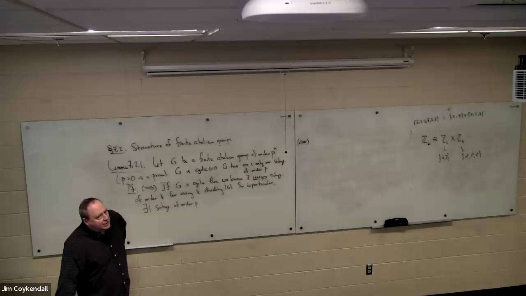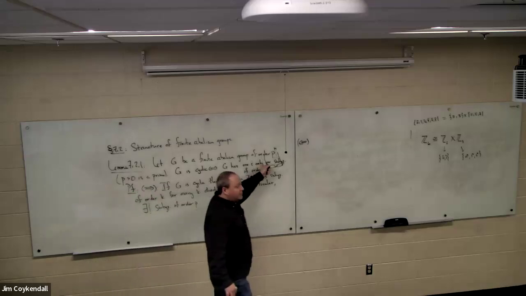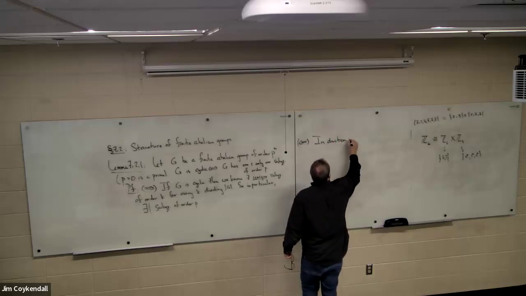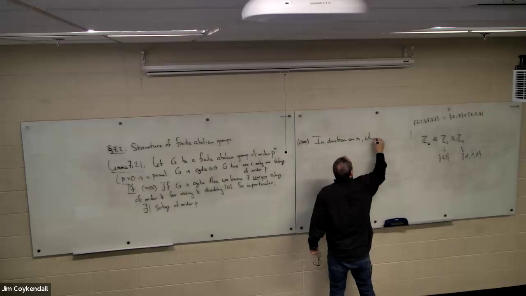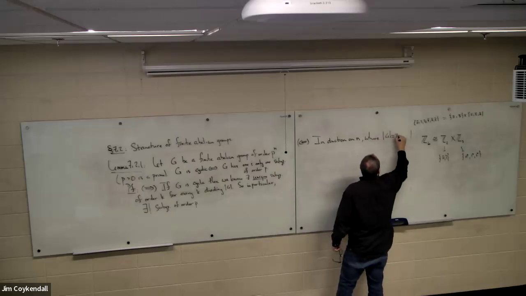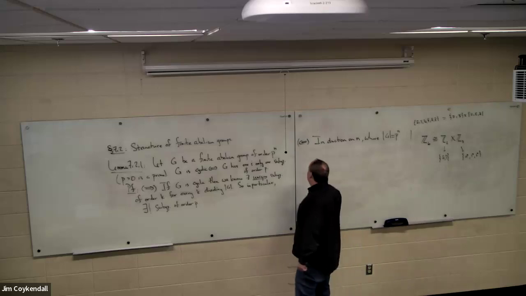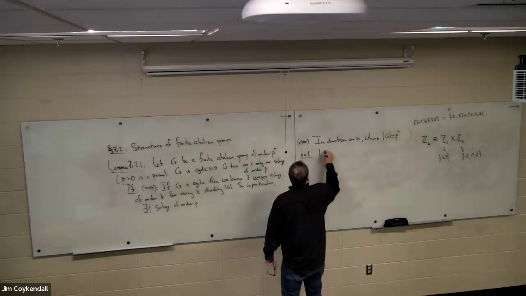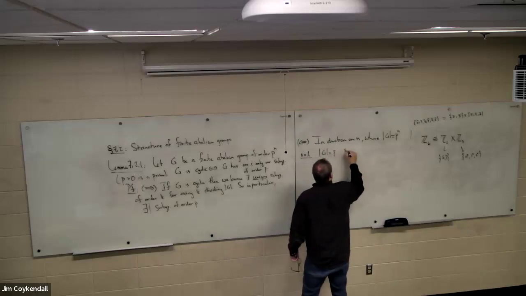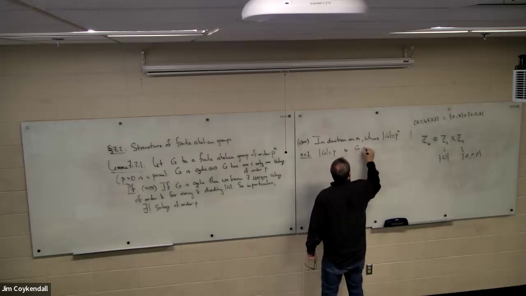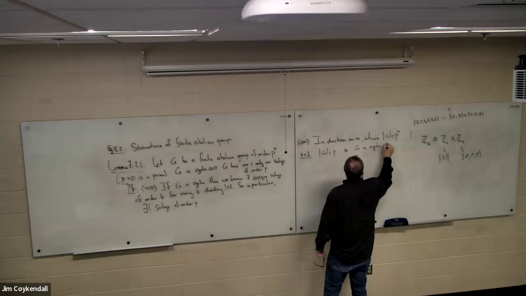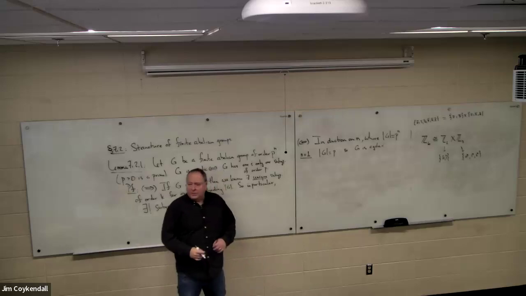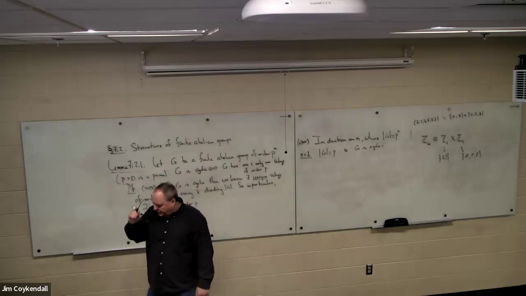Let's go by induction on the order of G. If we go by induction, the first natural thing, I guess, I don't want to start at 0 because that's the identity group.